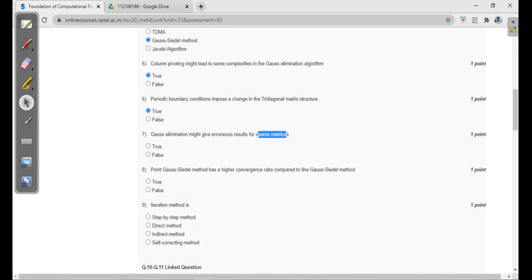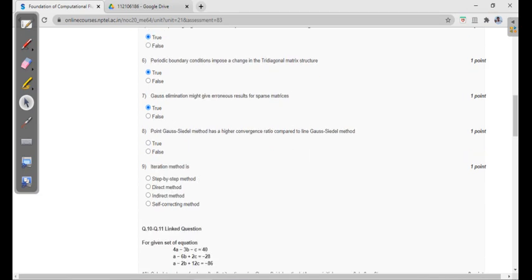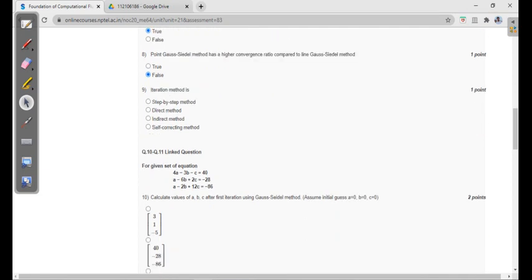Yes, this is a correct statement. Point Gauss-Seidel method has a higher convergence rate compared to line Gauss-Seidel method. No, this is false. The rate of convergence in the line Gauss-Seidel method is more than point Gauss-Seidel method. Iteration method is a self-correcting method. So the answer is D.